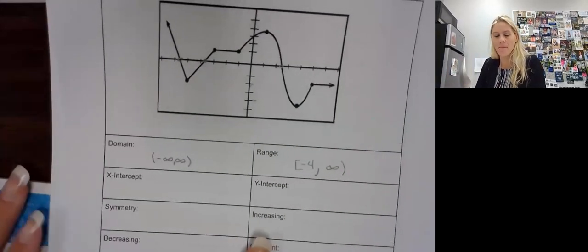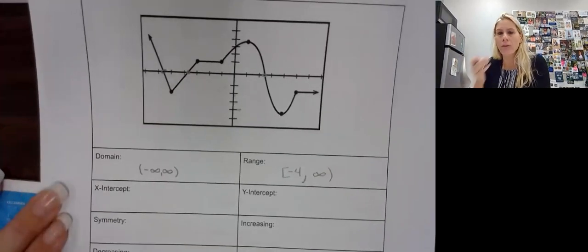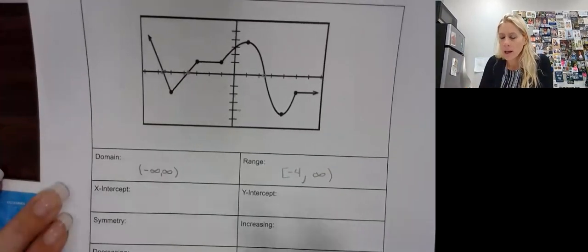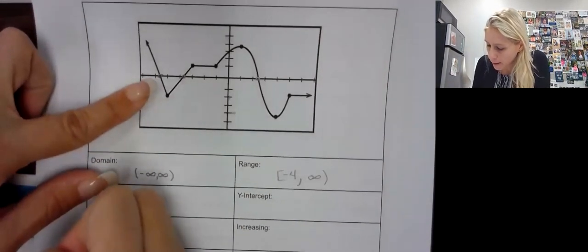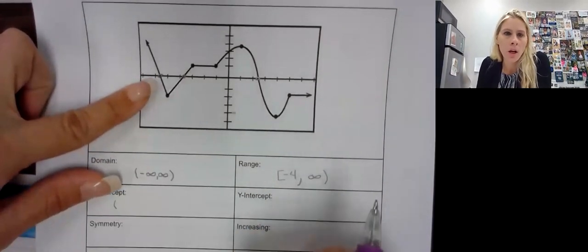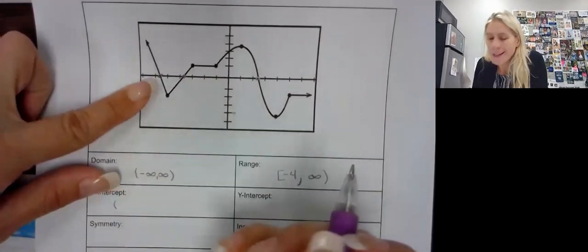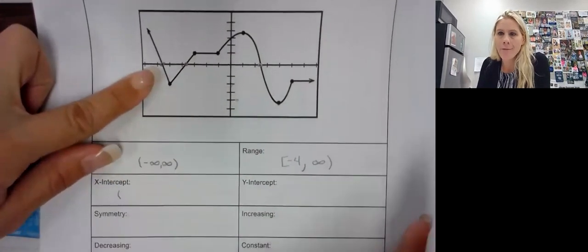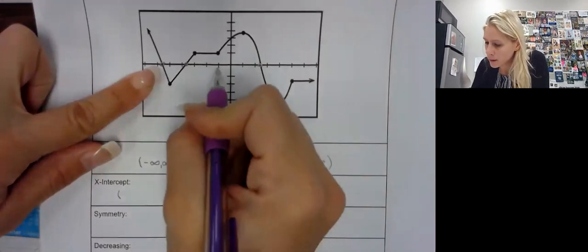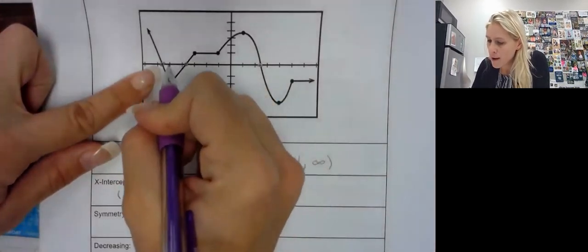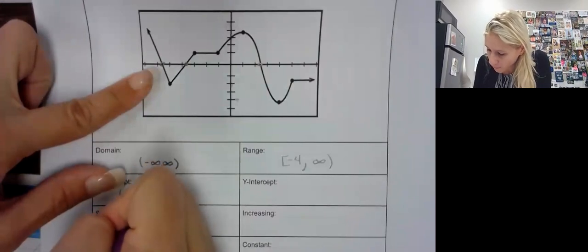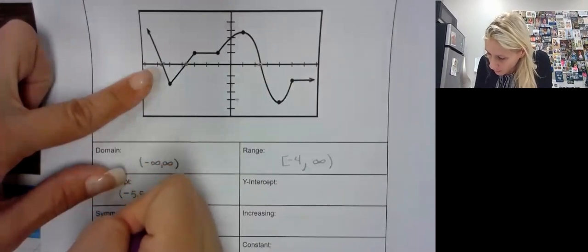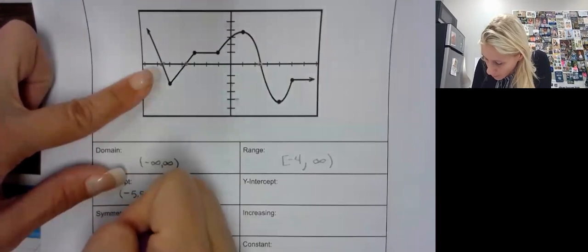Motion detector. So, okay. So as I said before, we're going to estimate a little bit. Let's start at the left here. So remember, it's a coordinate pair and it's always a number, comma 0. So I know this doesn't exactly look like half, but let's do it anyways. 1, 2, 3, 4, 5. So this is going to be -5.5, comma 0.